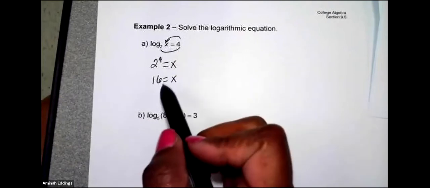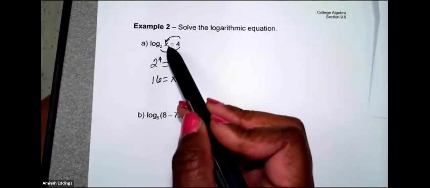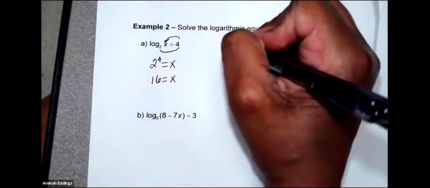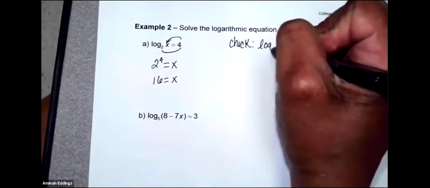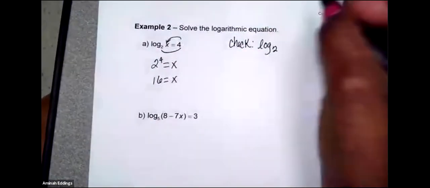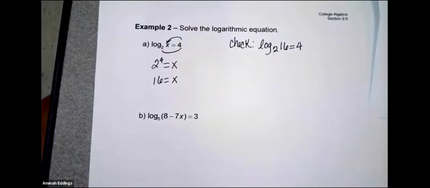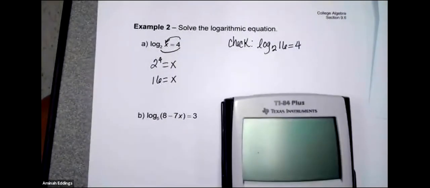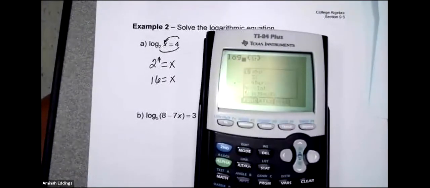Okay, and remember, I always want to go back and plug it in to make sure I'm not trying to take the log of a negative number. So if I'm going to check this, this is going to be log base 2 of 16, and it should equal 4. So I could put that in my calculator. Alpha window. Remember, my log base is number 5.